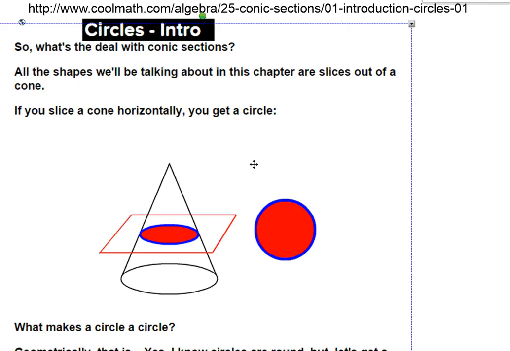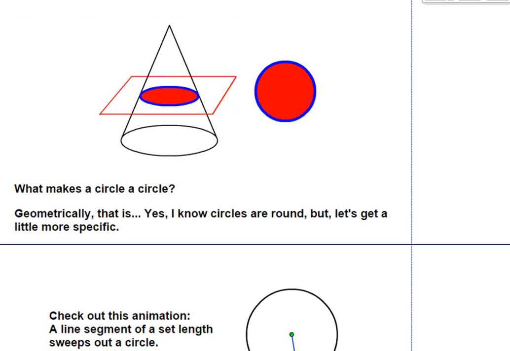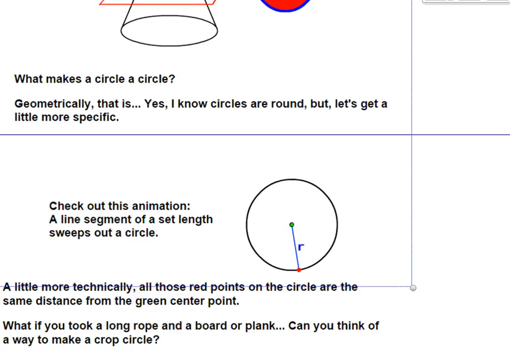Do you agree with that? We get progressively smaller circles until we get up to the point. So that's our first conic section, a circle, and that's why they're called conic sections: they come from a cone. They're the slice of a cone as we look at it.